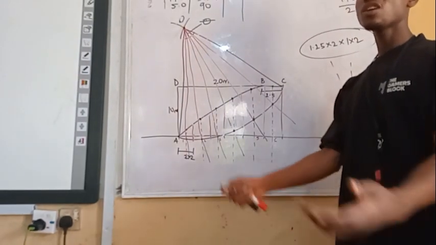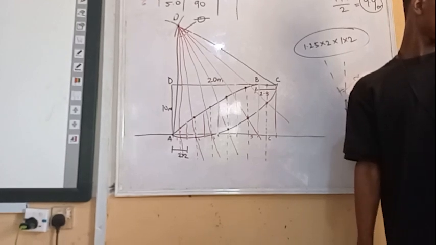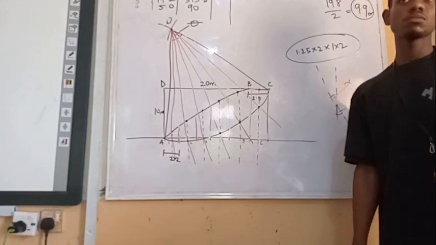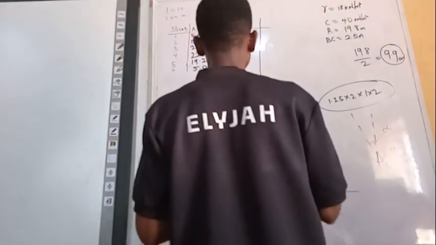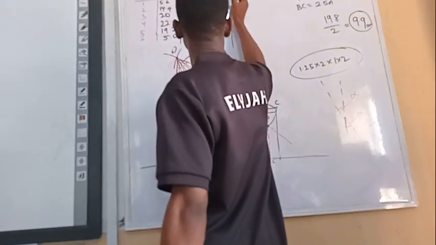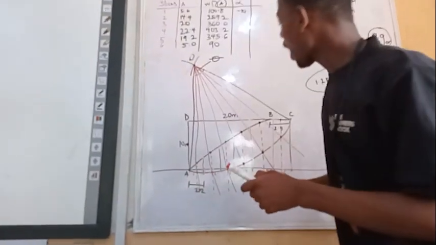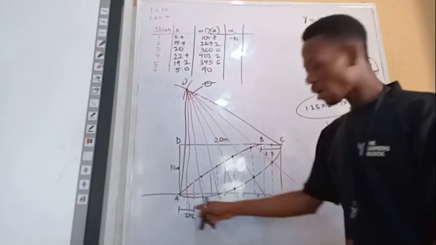Our scale is 1 to 200. Anything different from that? 7. That's -7. So please measure alpha 2. Okay, now we have it.